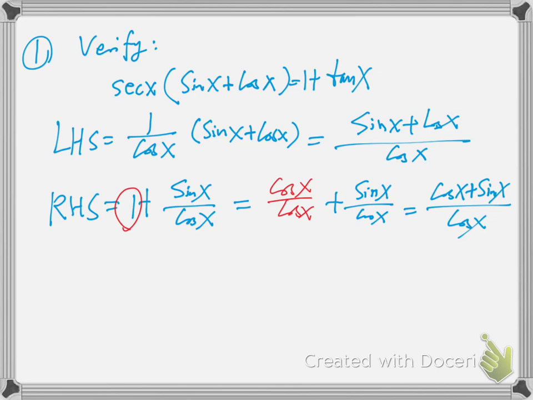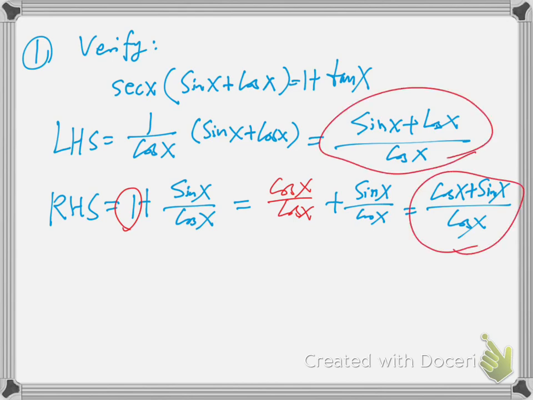A lot of questions in this part need a common denominator. Now you see the left hand side and the right hand side are exactly the same. That means we verified the identity; they are equal.